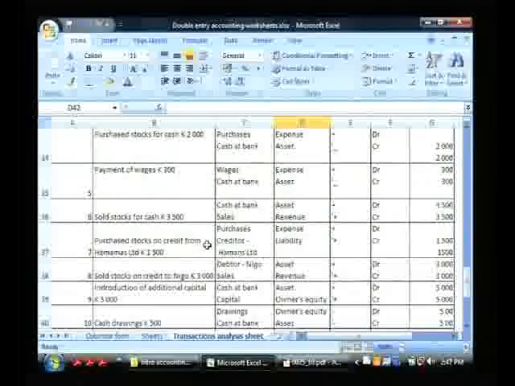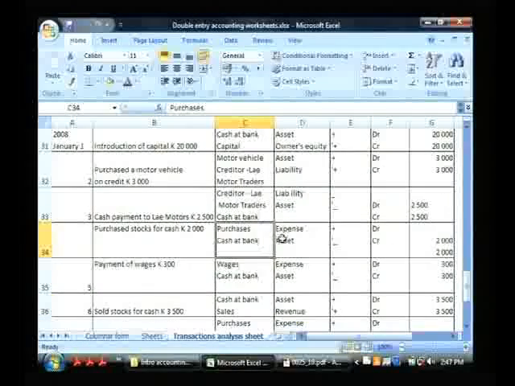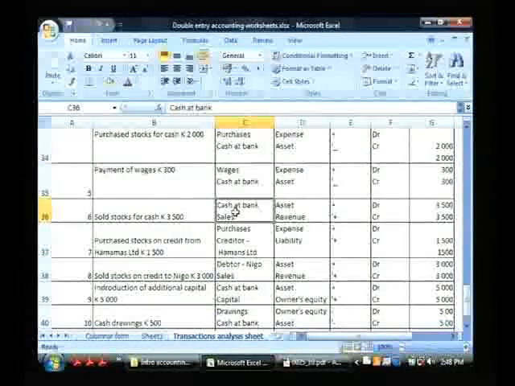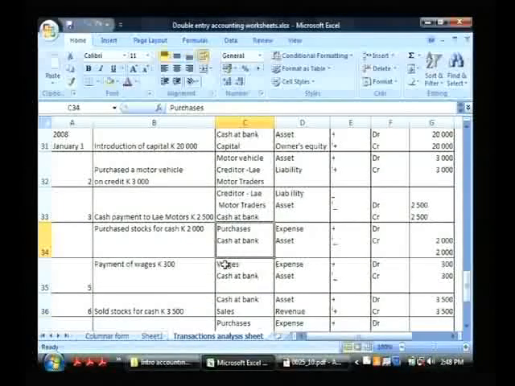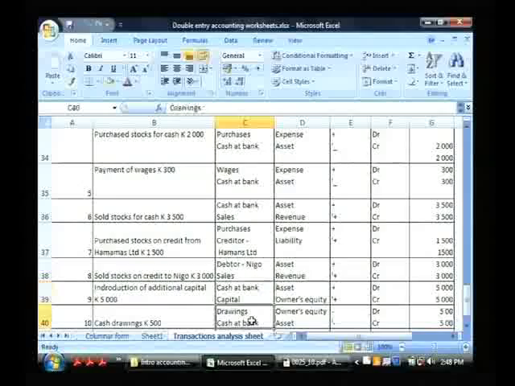So this is a trading business, and in this business you have seen different accounts: purchases and sales. Purchases on credit, purchases for cash, sales also for cash and also on credit.